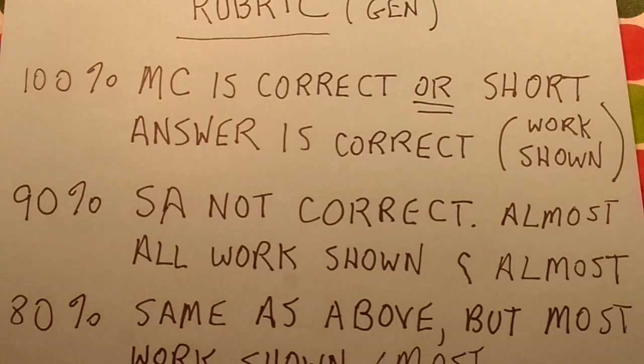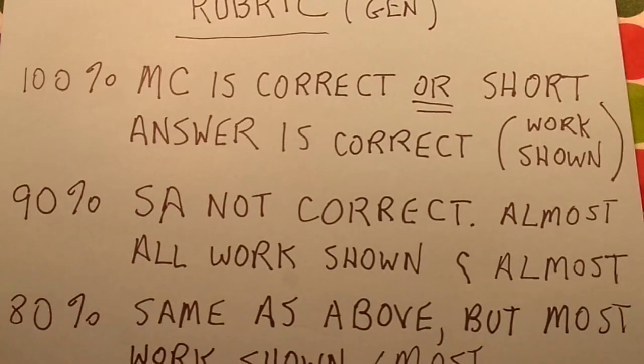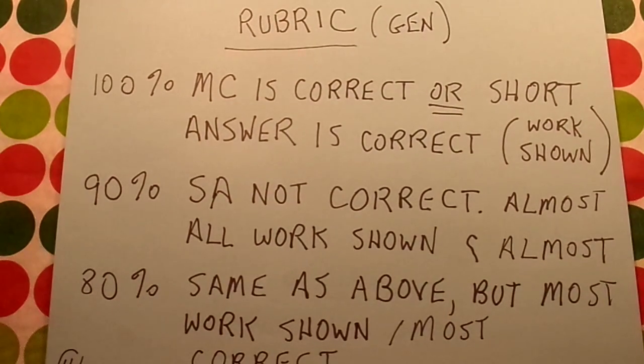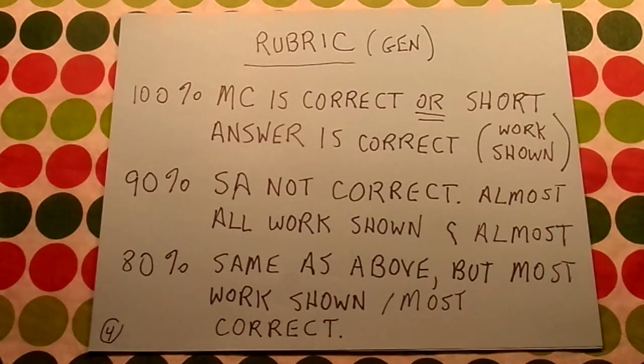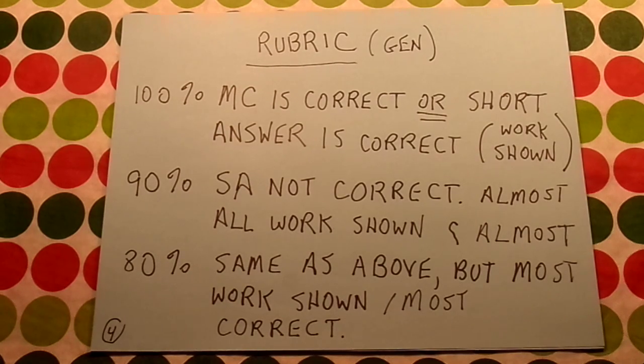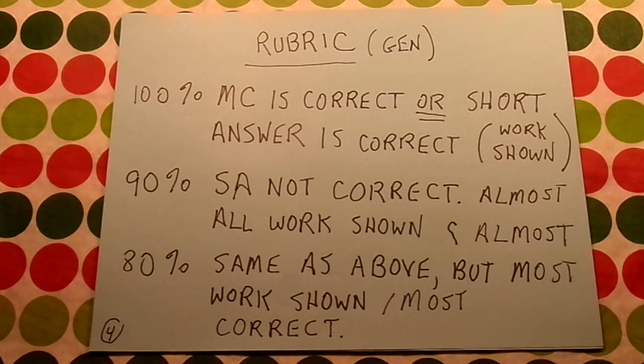Here's a rubric for the class. The project and the blogs have their own rubrics. So please look at those and let me know if you have any questions. But with regard to the basic rubric for test questions or multiple choice questions, you get 100% of the possible points if either your multiple choice answer is correct or if your short answer is correct and there's work shown.